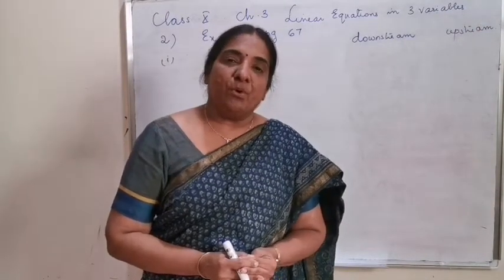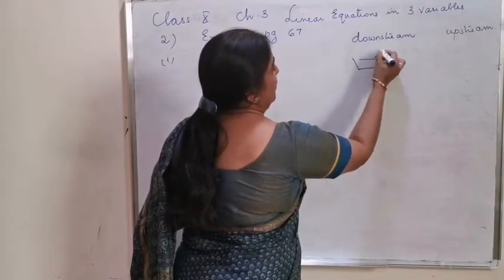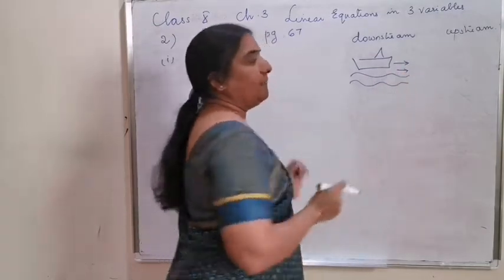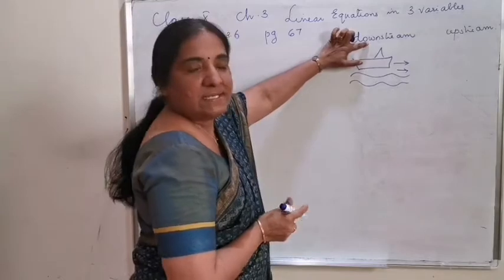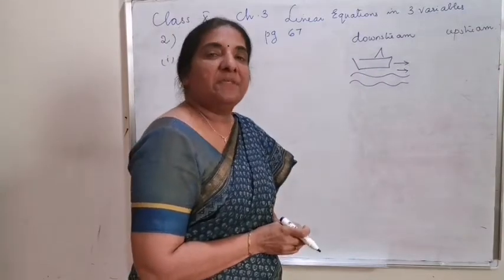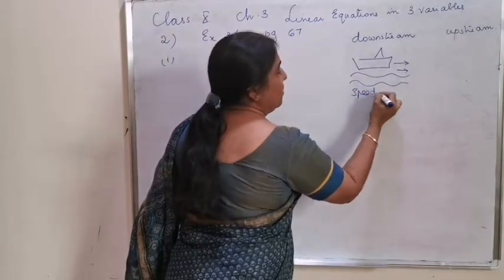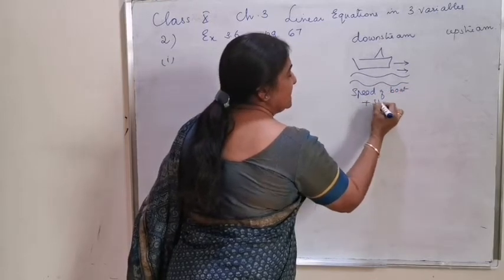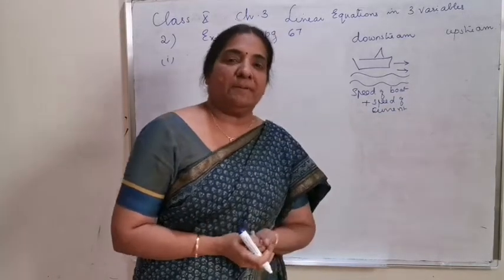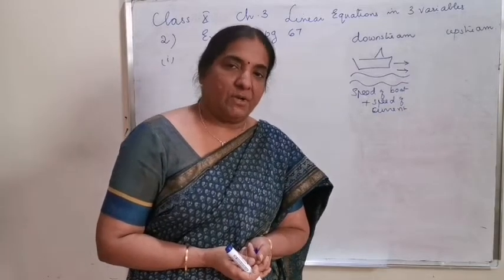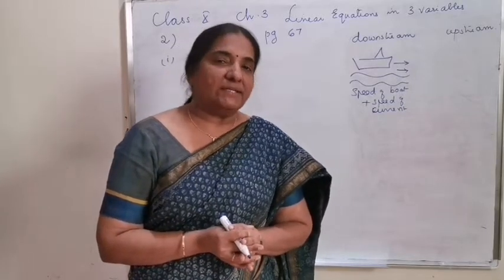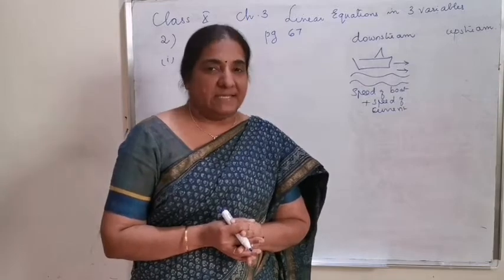When a boat moves in water, if the boat and the water current are in the same direction, that movement is called downstream, and the speed of the boat downstream will always be speed of boat plus speed of water current, which shows that the movement will be easy in downstream because the boat as well as the water current will be in the same direction and it will take less time to reach the destination.